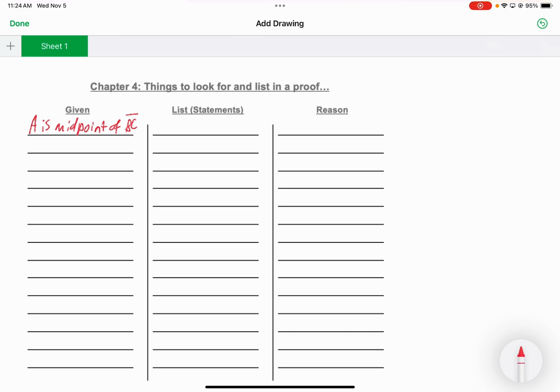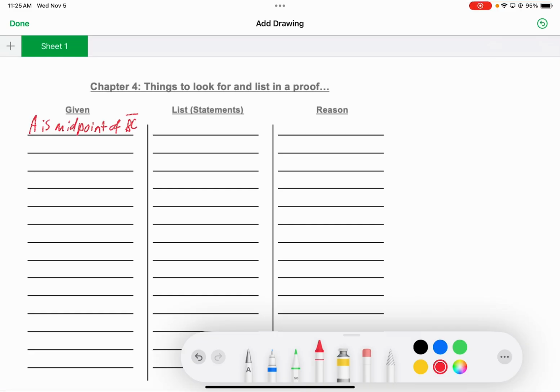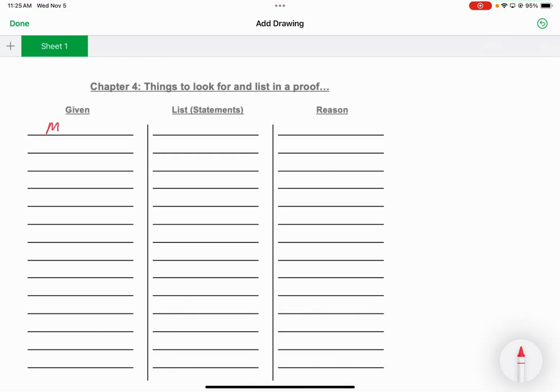You guys can leave that statement. Don't change anything. But if you're given a midpoint, okay? That's all you need to know. What can you state from that if you know that something is the midpoint?